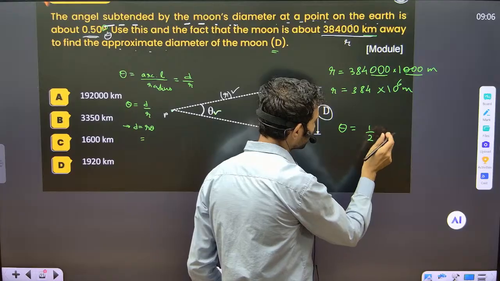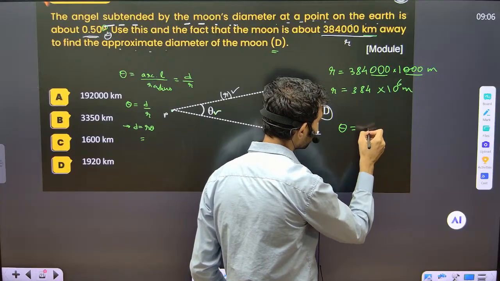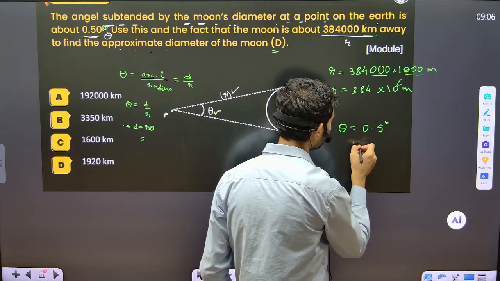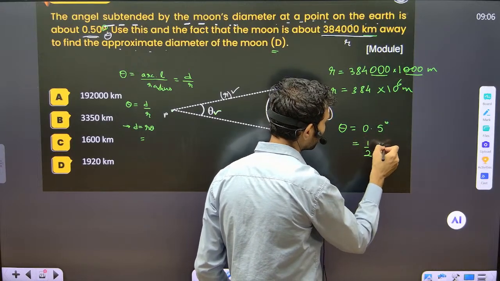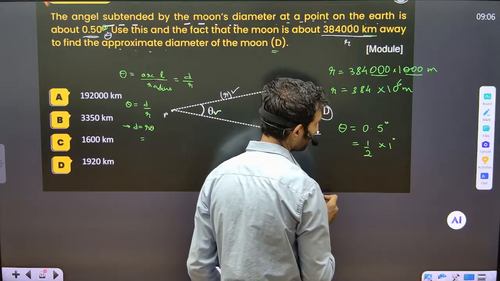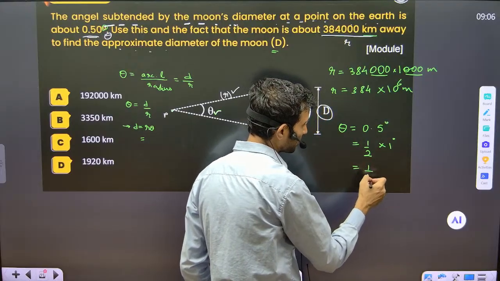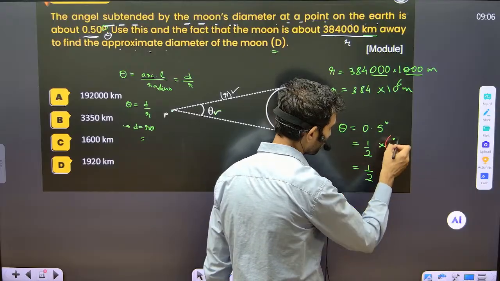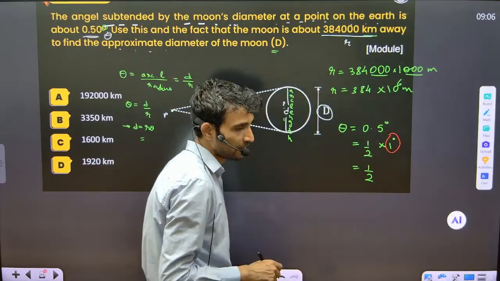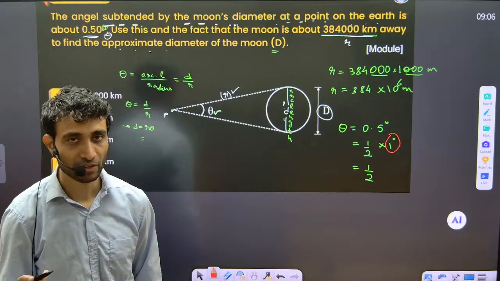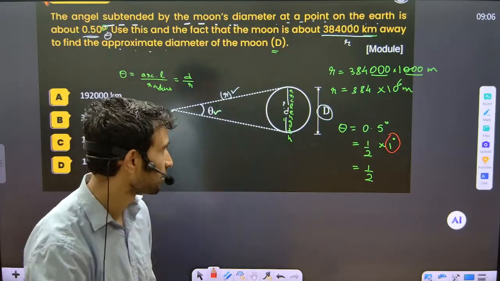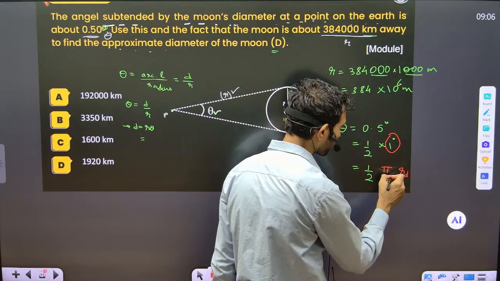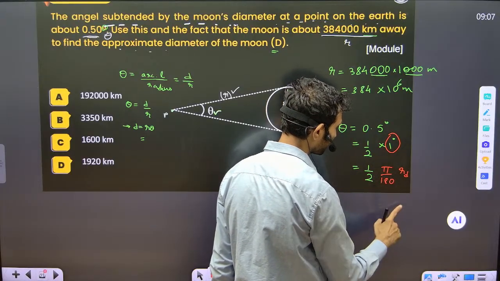Theta is given as 0.5 degree, which can be written as 1 by 2 into 1 degree. Why am I doing that? Because I want to put the value of 1 degree. We have done it in the last class: 1 degree is nothing but pi radian upon 180.